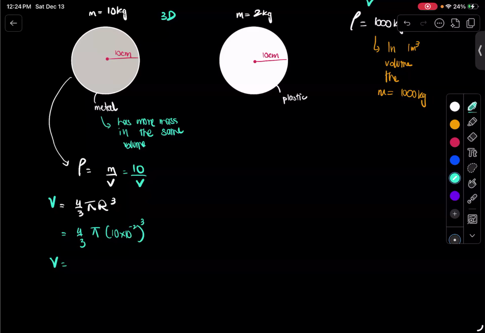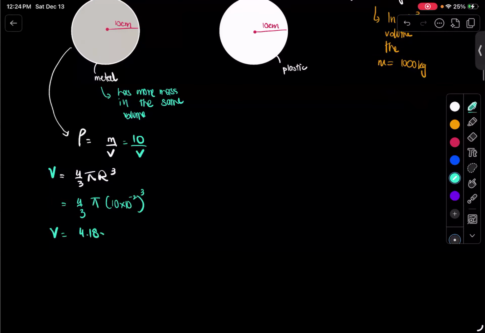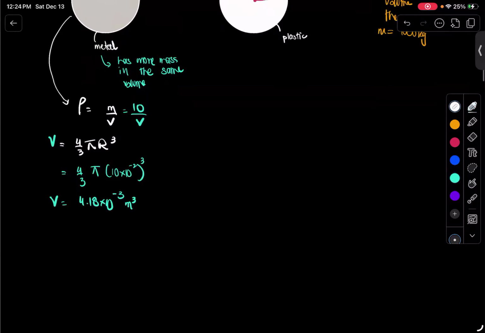Keep your calculators with you. We're going to do lots of calculations. 4 over 3 into pi into 10 to the power minus 1 cubed. So the volume of this ball is 4.18 into 10 to the power minus 3 meter cube. Now the density must be equal to 10 divided by 4.18 into 10 to the power minus 3.